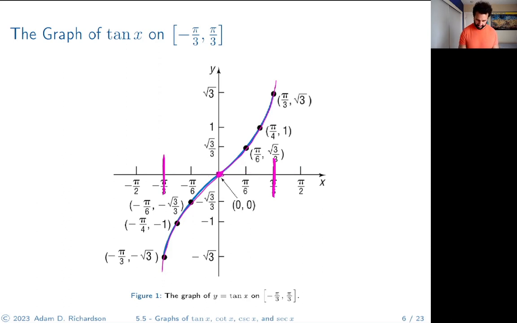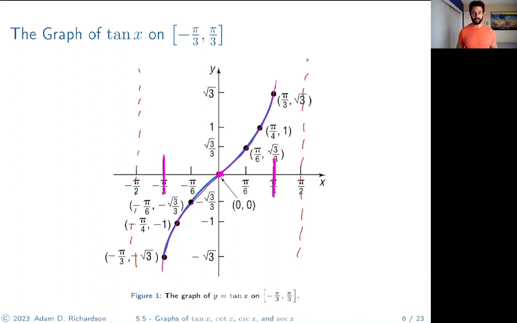So what you end up getting is asymptotes at negative pi over 2 and pi over 2, just like this. And so the graph keeps approaching infinity as you get close to those numbers. But that's pretty much the idea.